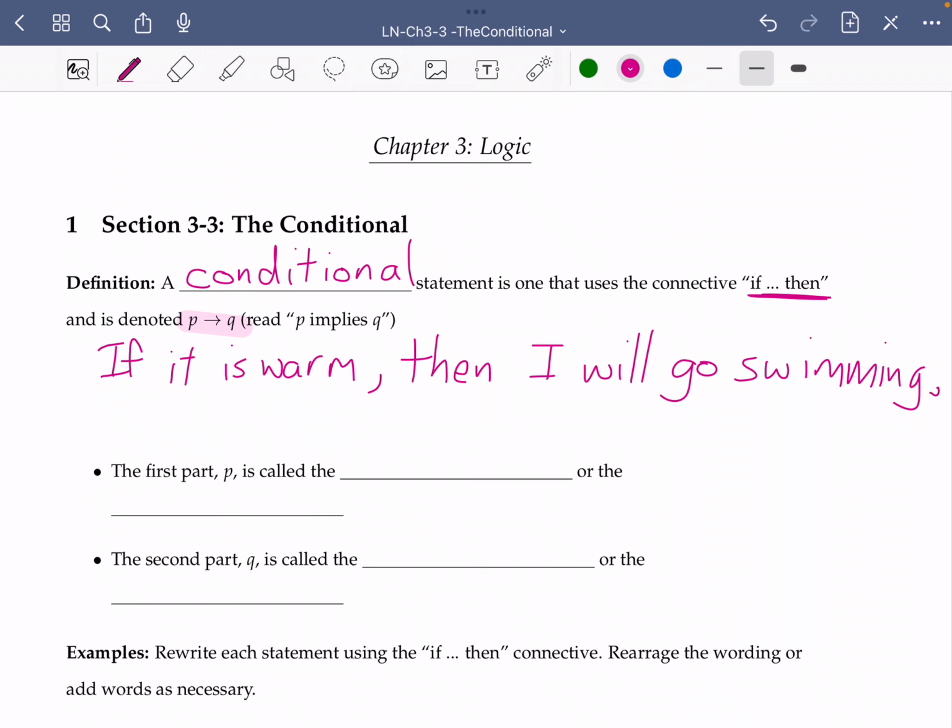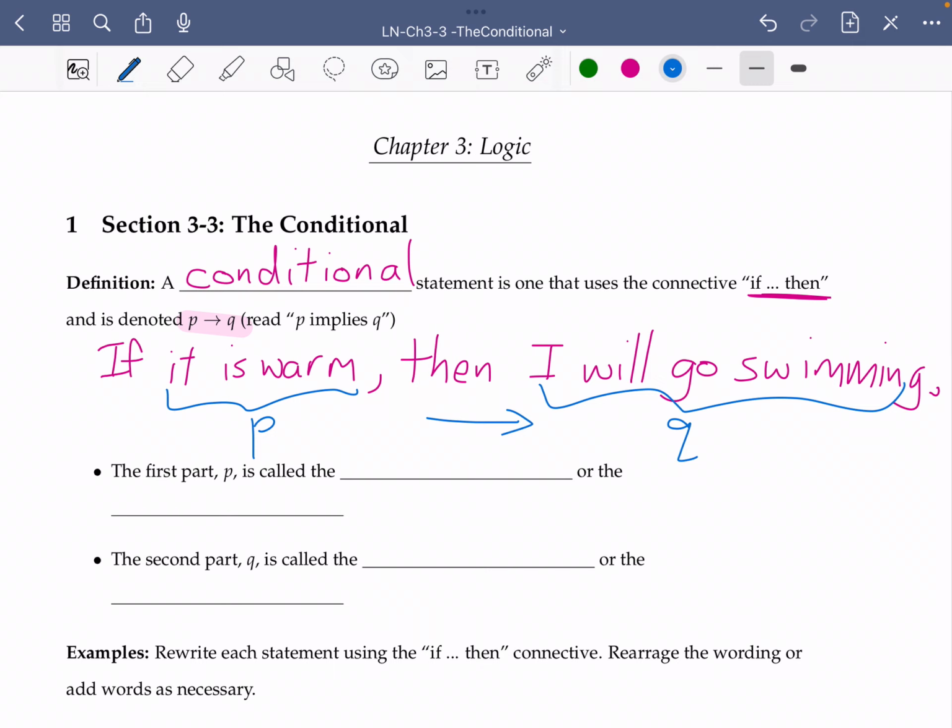For that, it is warm, that is the if portion. I will go swimming, that's the then portion. So we have P implies Q, if P, then Q. All right, so that's how we might see it in words, our conditional statement.